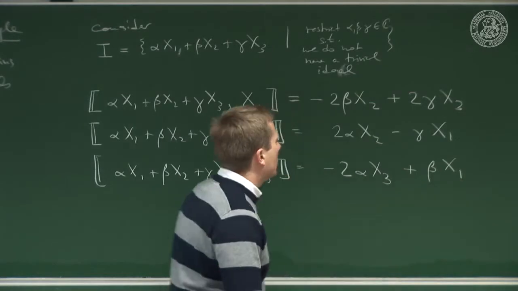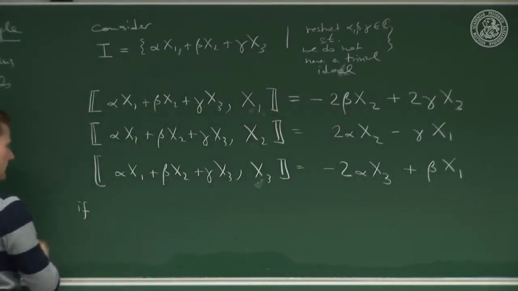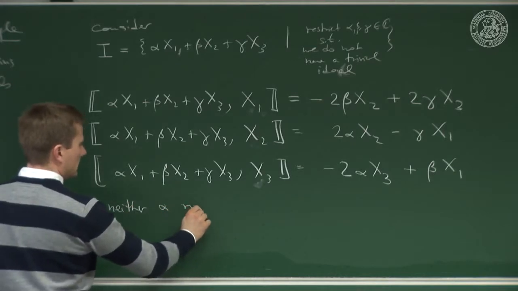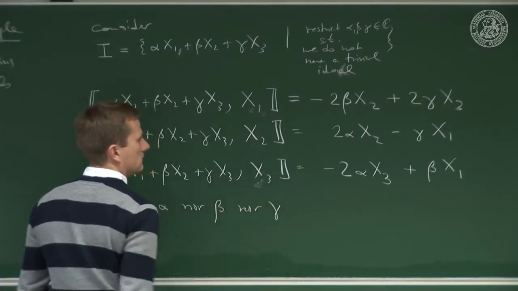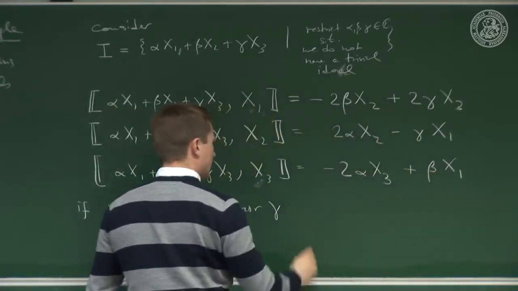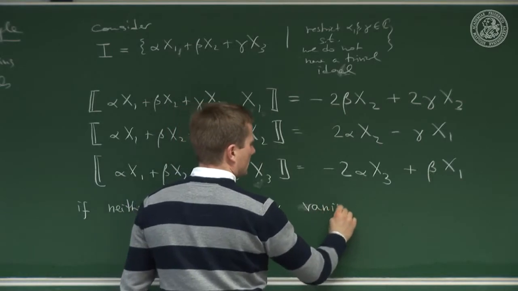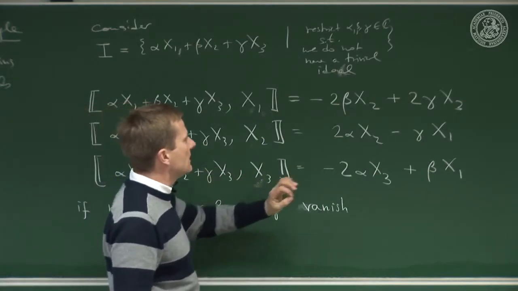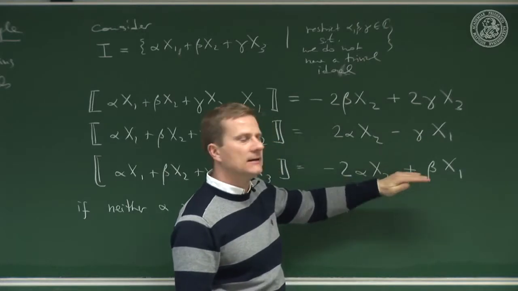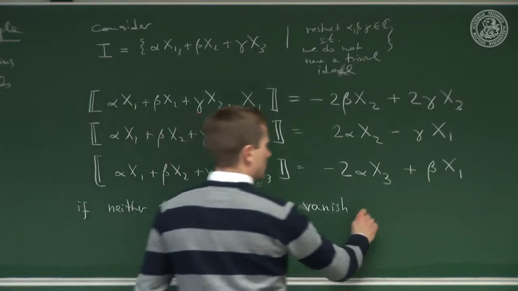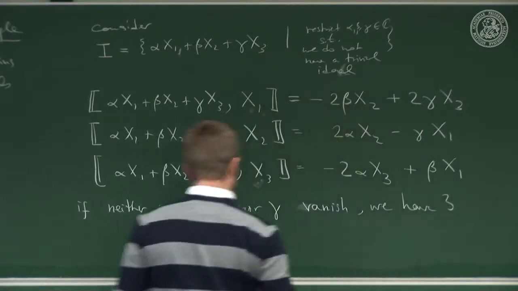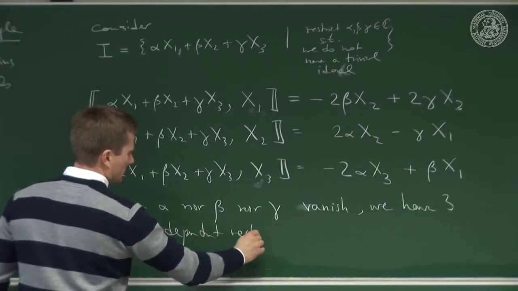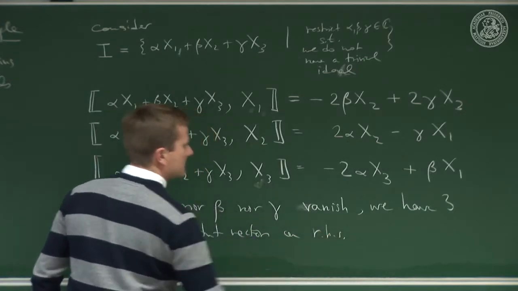Now, if neither alpha nor beta nor gamma, which are the factors here, vanish, they could be related, they could be the same, but if none of them vanishes, then what we got here is 3 linearly independent vectors on the right-hand side of this equation.